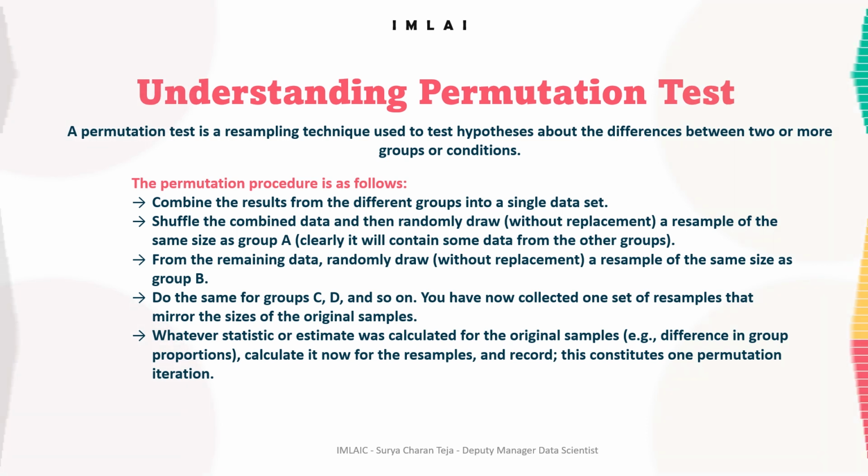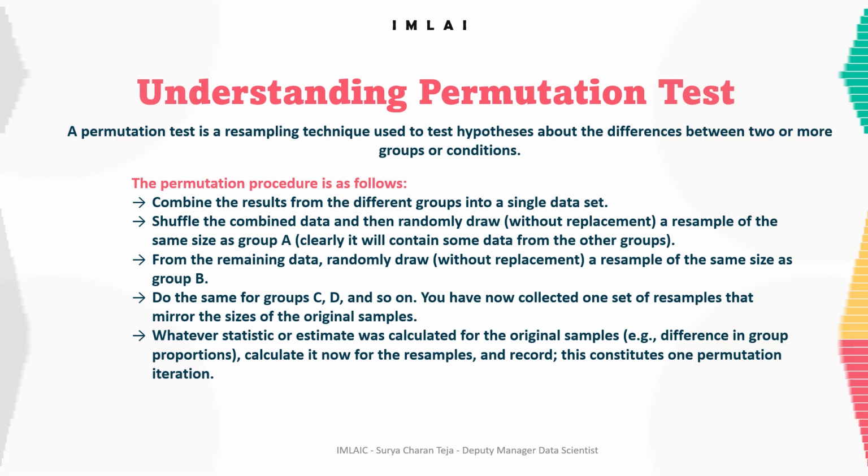Whatever statistic it could be, mean, difference, or proportion, whatever statistic or estimate was calculated for the original samples, you do it with the resamples also and record it, and this we call one permutation. Till now, whatever we have done is one permutation.